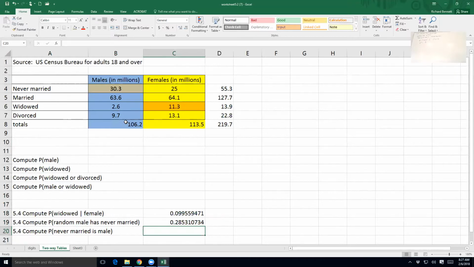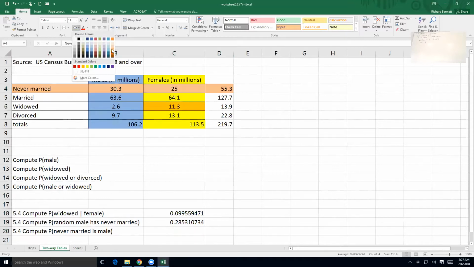All right, what's the probability that a never married is male? How would you figure that one out? Must be Trevin's turn. Okay, so we're looking at this line here. Okay, so now I'll pick what color? Purple.